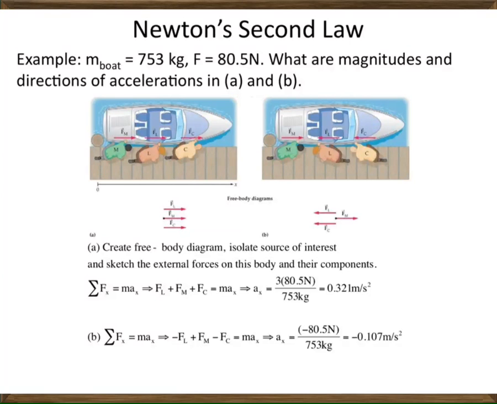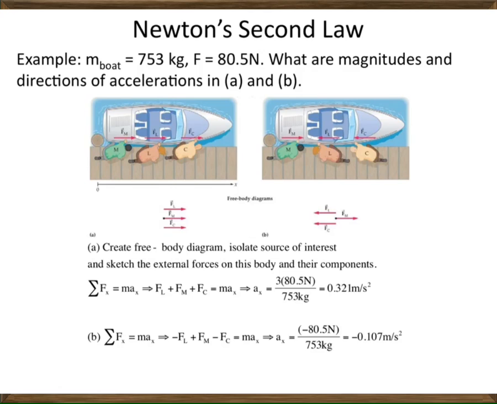So let's look at another example on the application of Newton's second law. We have a boat and 3 men are pushing the boat from the side, as you see. Each man can push the boat with a force of 80.5 newtons, and the mass of the boat is given as 753 kilograms.